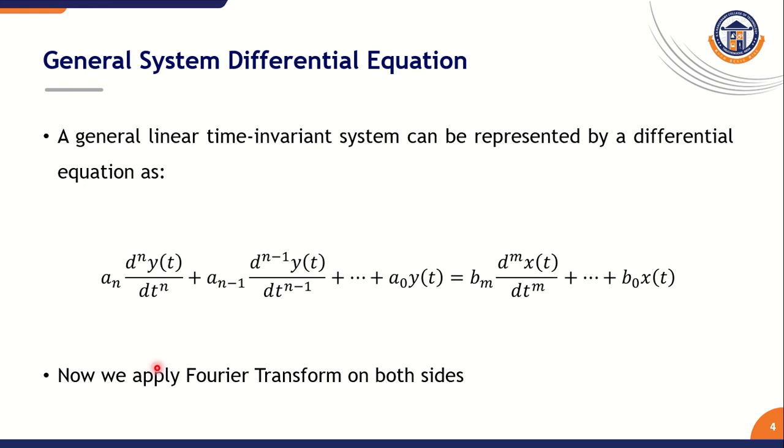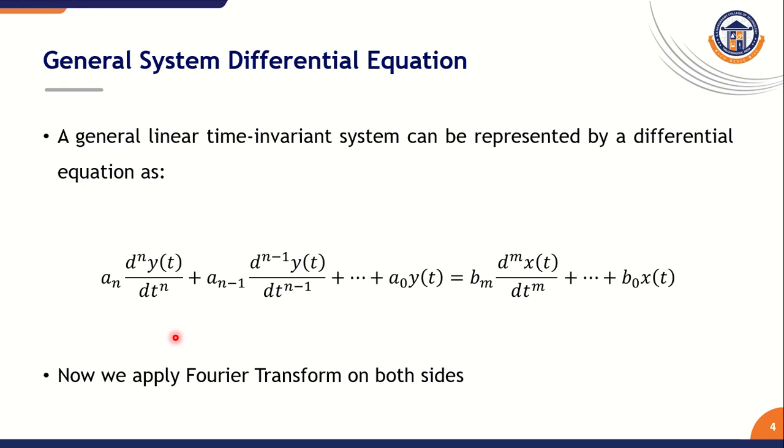The output and its derivatives, d^n by dt^n, appear on the left side, and the input, represented as x of t, and its derivatives appear on the right side. This equation completely describes the system in the time domain.